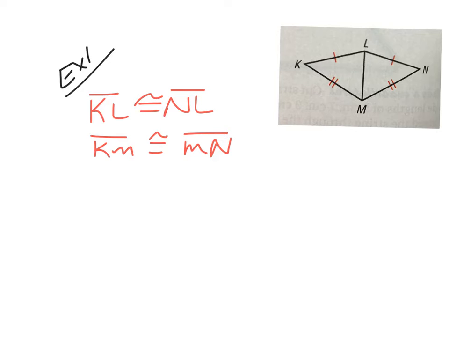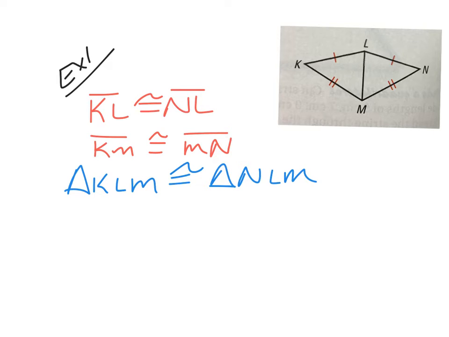What they're asking you to do with this information is to write a little proof proving that triangle KLM is congruent to triangle NLM. So we know this top part is the given, right? So these are both given in my little two-column proof.